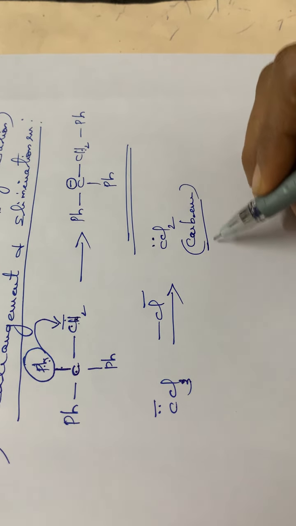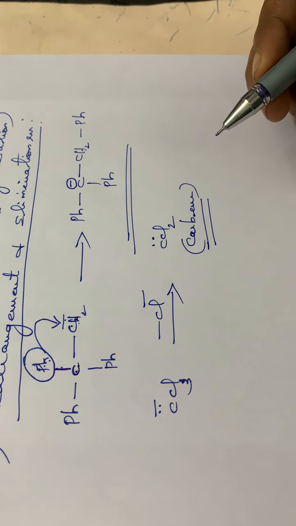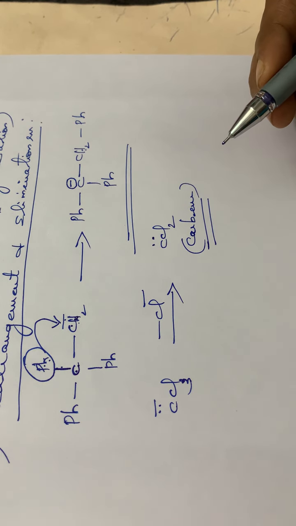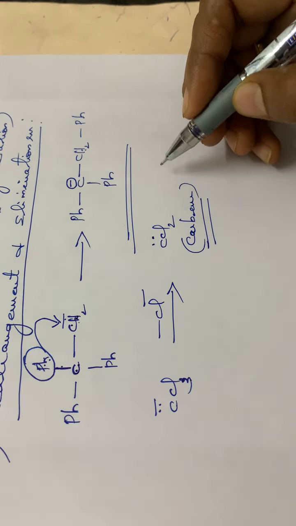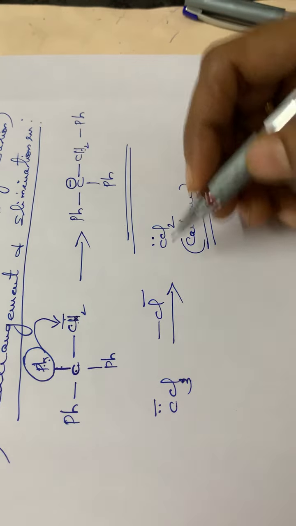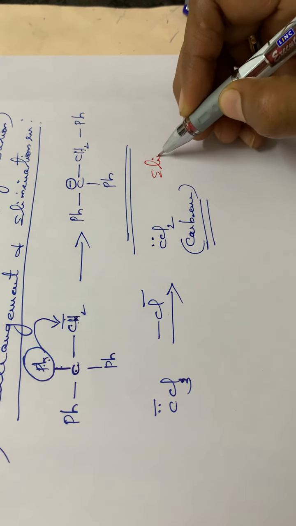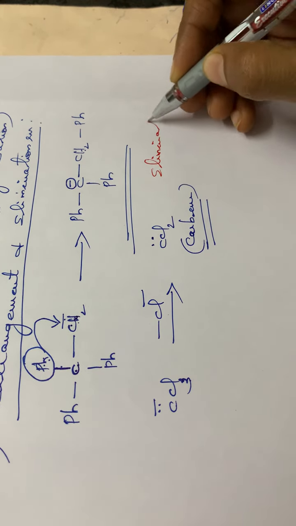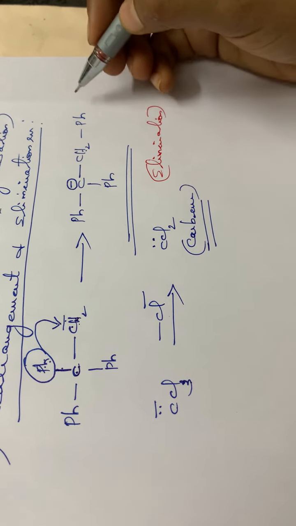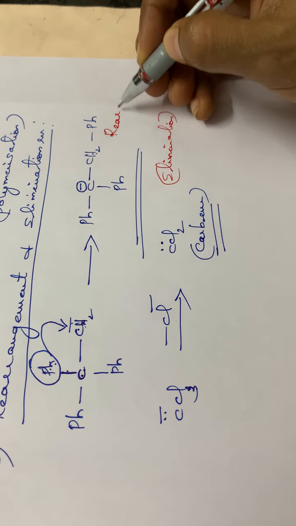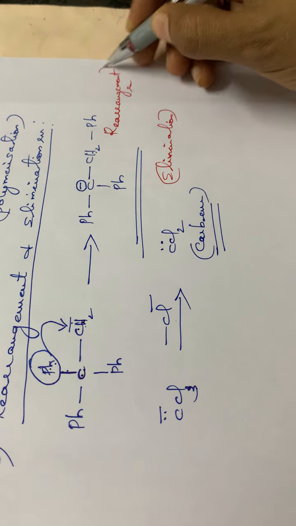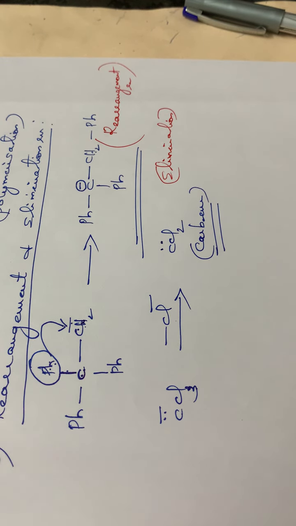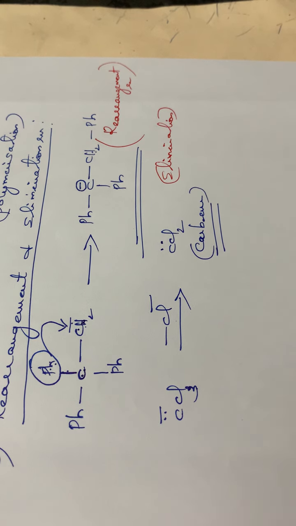So this species is carbene. You have to study the details of carbene in this chapter itself. So here it comes the elimination reaction, where one Cl minus is eliminated, and in the first case it is the rearrangement reaction. So this is about the reactions of carbanions.